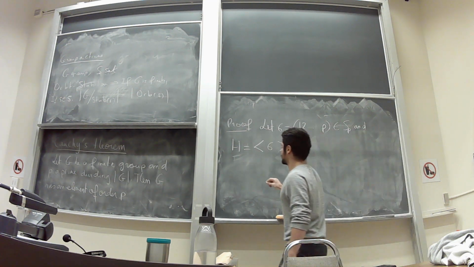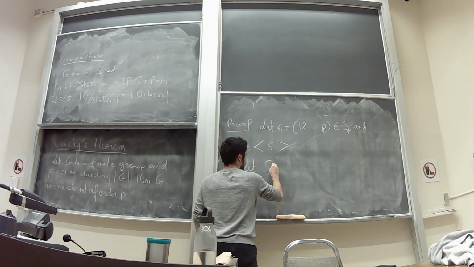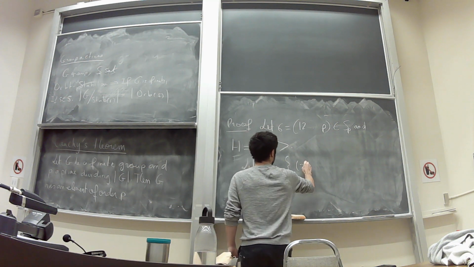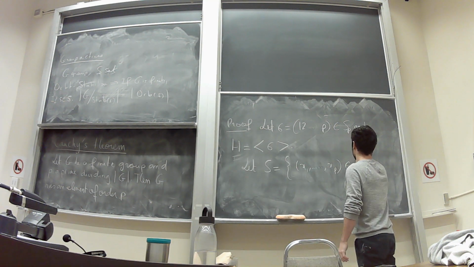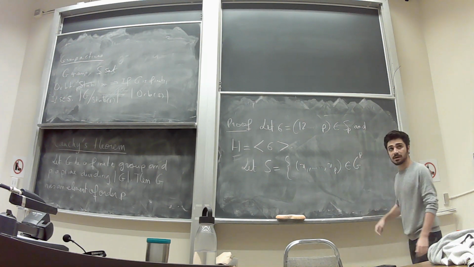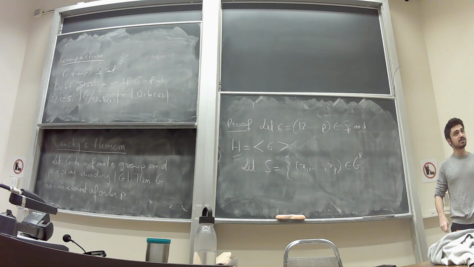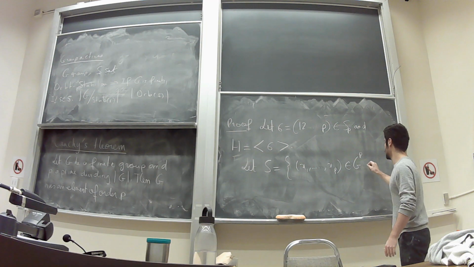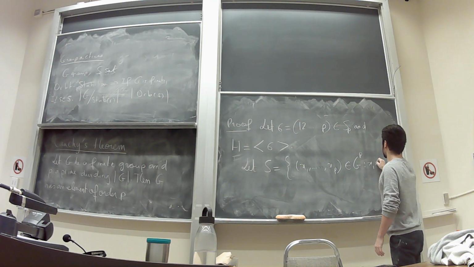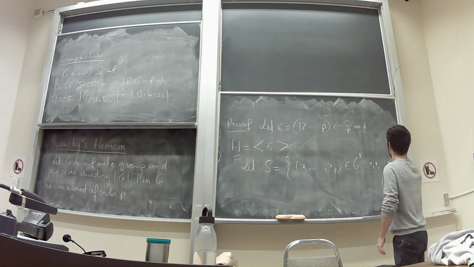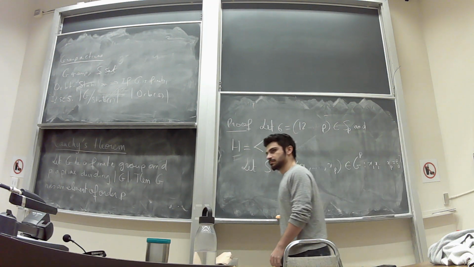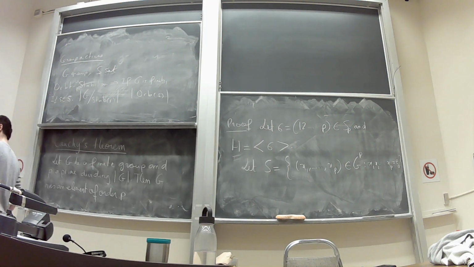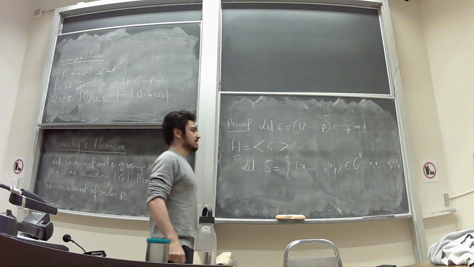Let S be the set of p-tuples, a vector of p coordinates lying in G^p, the Cartesian product of G with itself p times, each component in G, such that x1, x2, ..., xp is equal to e_G. So you're considering the p-tuples such that the product of x1, x2 up to xp is the identity.